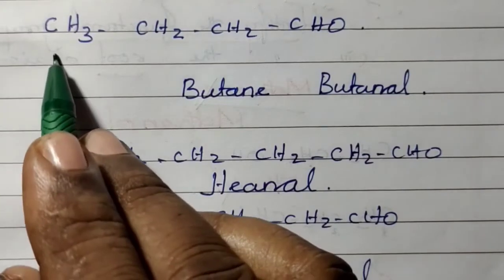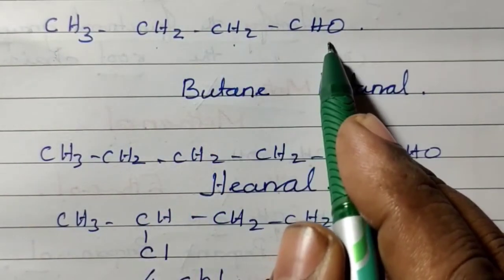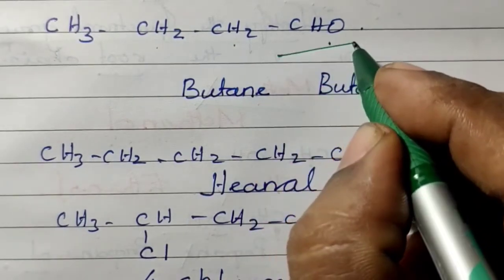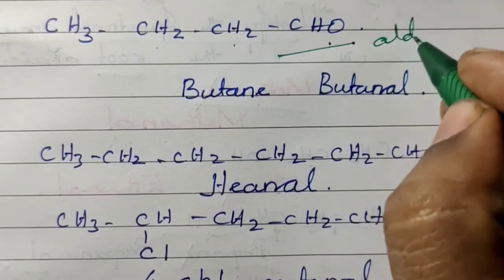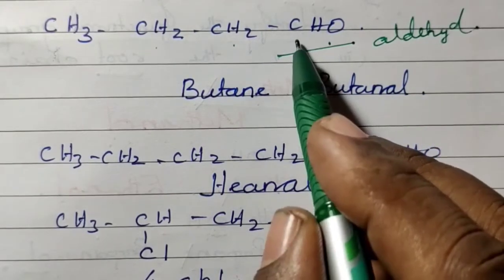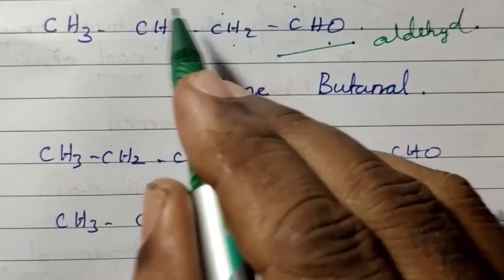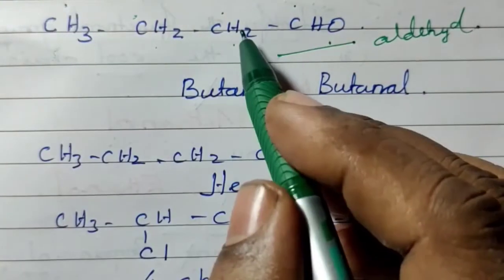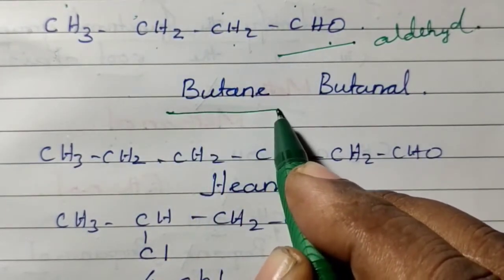Write the IUPAC name of the given compound CH3, CH2, CH2, CHO. So, here the functional group is CHO. CHO means aldehyde. For aldehyde groups, we have to give number 1, 2, 3, 4. Totally 4 carbon atoms. 4 carbon atoms means usual name is butane.